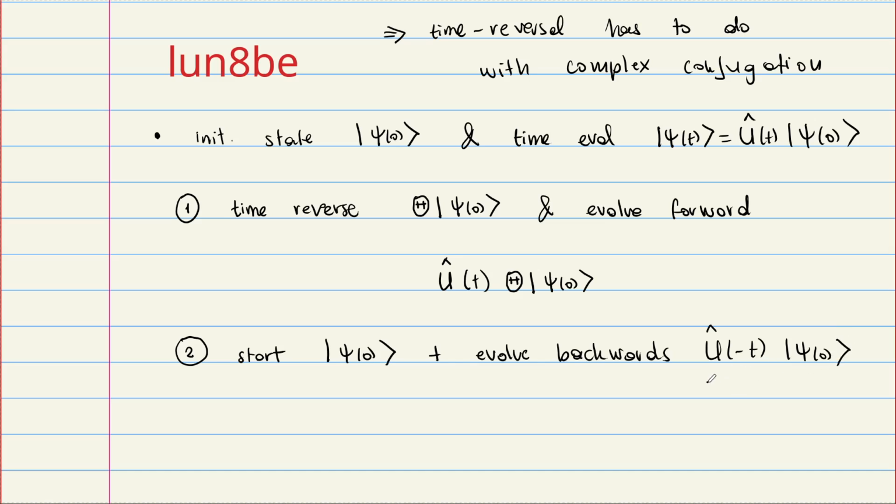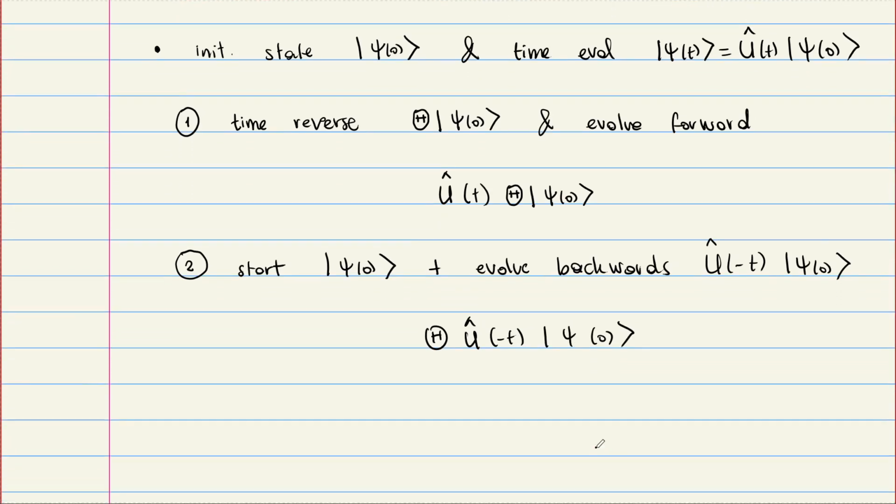Now I am at t equal to minus t, but I still need to apply this operation at this past moment, and that is going to be theta times U of minus t times psi of 0. Okay, so there are two ways for me to reverse time. One is I can reverse the time and evolve forwards, or I can evolve backwards and reverse the time after I'm done. It's a lot of words, but hopefully the operations are this one or this one. There is no other.